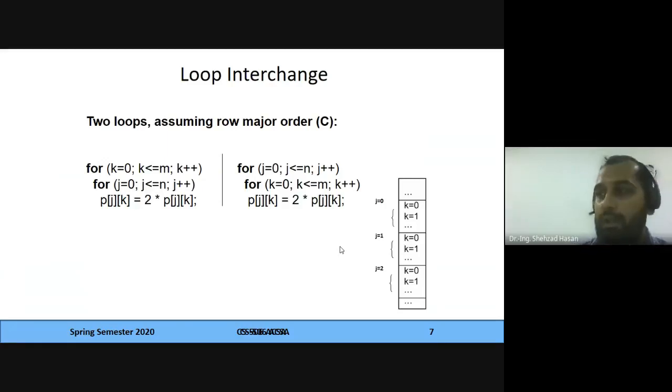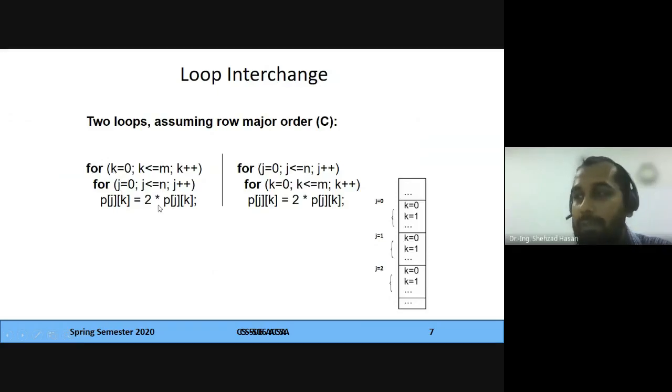So now let's say we have a program which has got two loops, and what we need to do is to multiply every element of that particular array that we just saw by 2, and we have written that in two different ways. The left hand example is going to change the value of j frequently and k not so frequently.